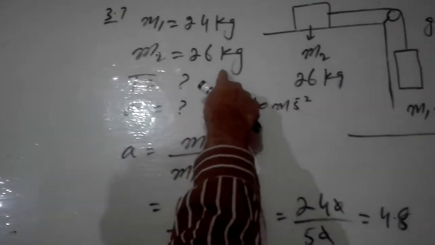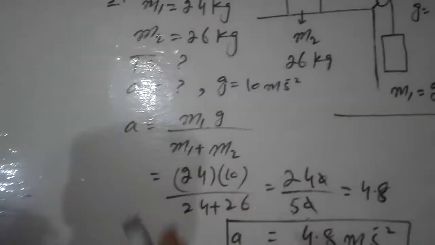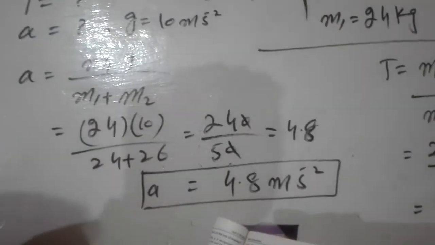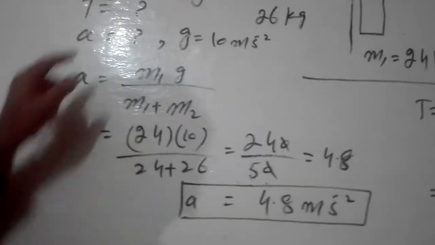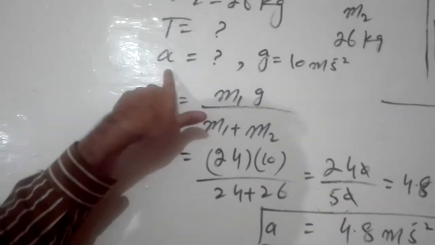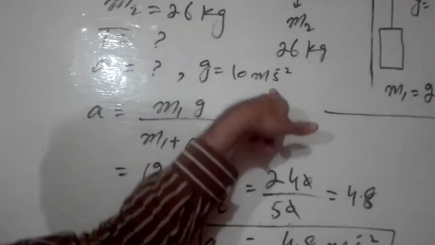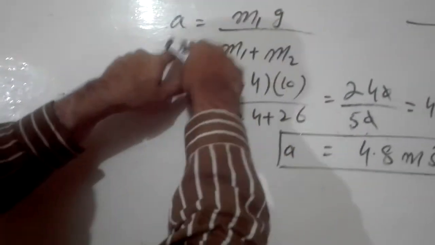M2 is 26 kg, which is on the horizontal surface. Now what is he asking? He's asking you to find the tension and acceleration in both the bodies. T for tension, a for acceleration, and the value of g is clearly 10 meter per second square. It is a fixed value.